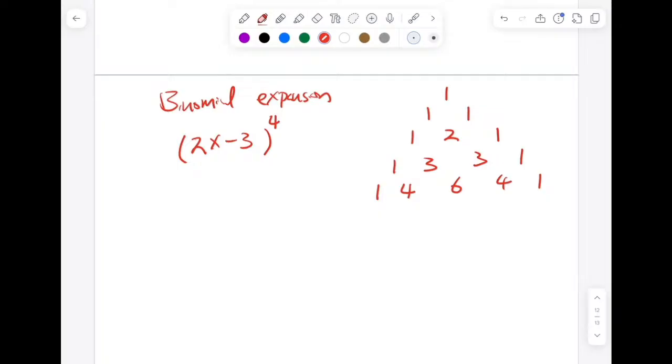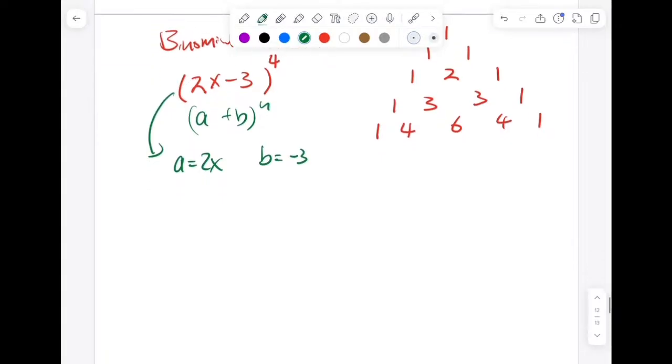So anyway, in this case, this one is a plus b to the n power. So anytime you have a plus b to the n power, you can use Pascal triangle to expand them. What I am saying is this. In this case, a is equal to what? 2x, right? And b is equal to what? Negative 3, not positive 3, okay? Since it's to the 4th power, all you're going to do is take this row.